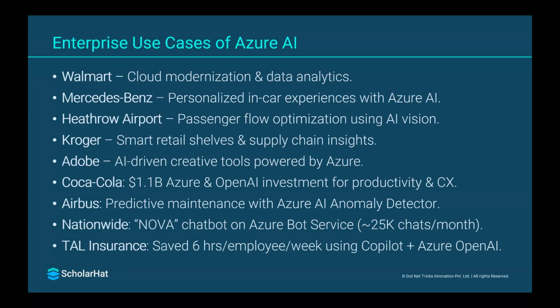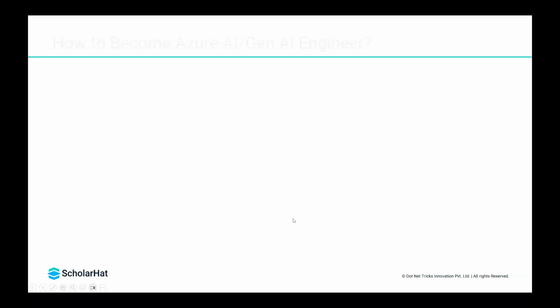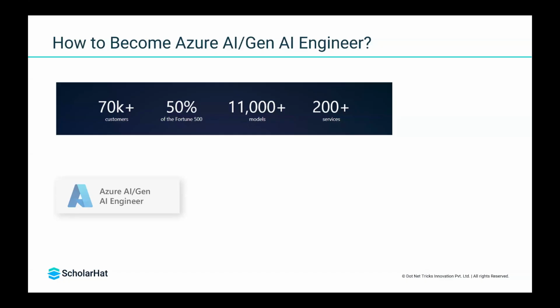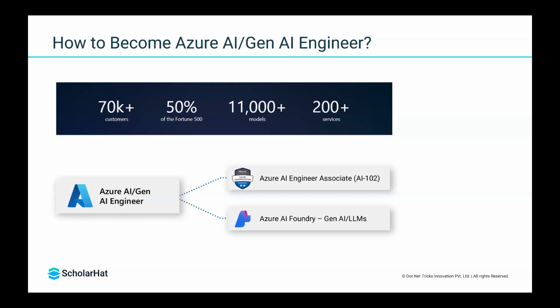Now the question is, how can you become the Azure AI and Gen AI engineer? To become one, you have to pass one certification, that is AI-102. Today's certification learning, whatever you have done, is about AI-900. AI-900 is for everyone. It is a completely theoretical certification.